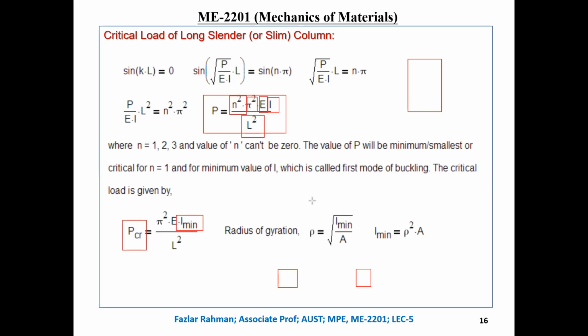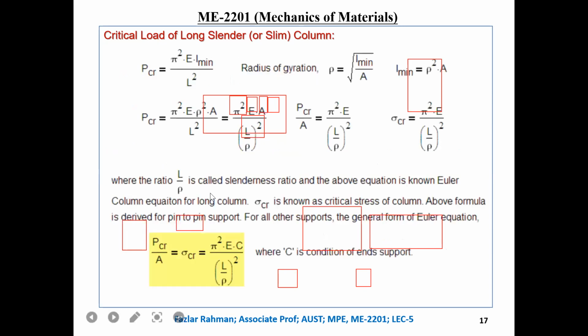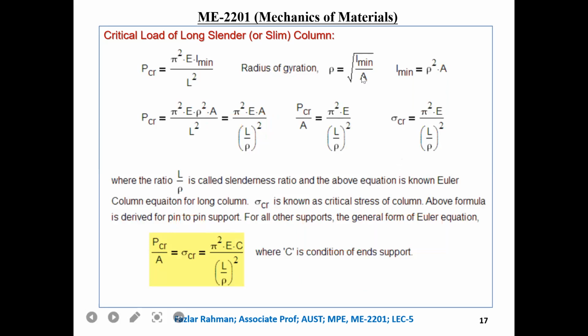And you see, we know the radius of gyration equal to this. And if you square it, you get I minimum equal to this one. This I minimum you can put in right over here. Then just rearranging the equation, we get some other value. Let's see what we found. Right over here.